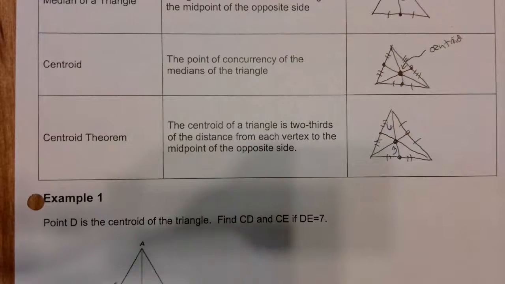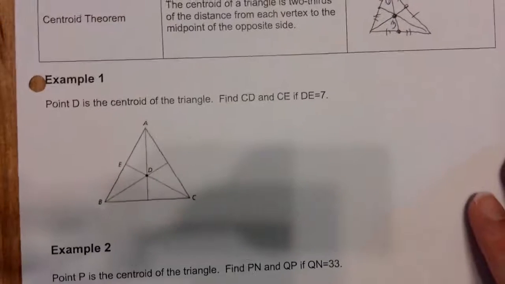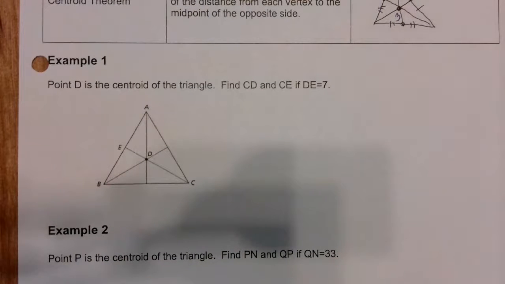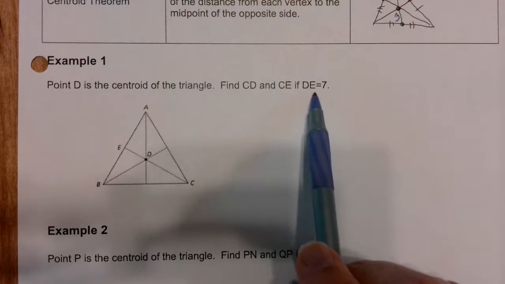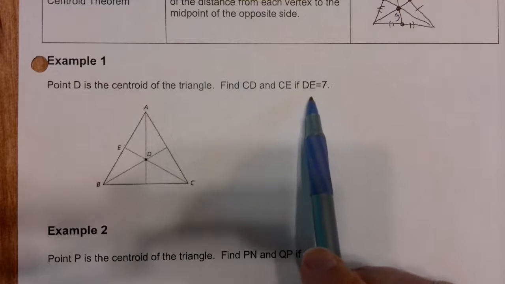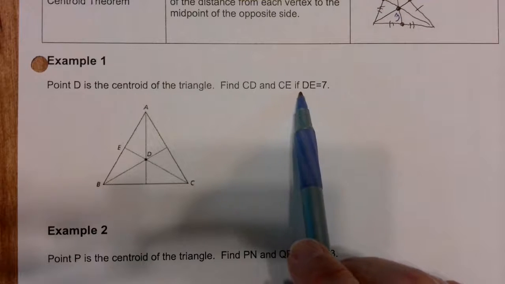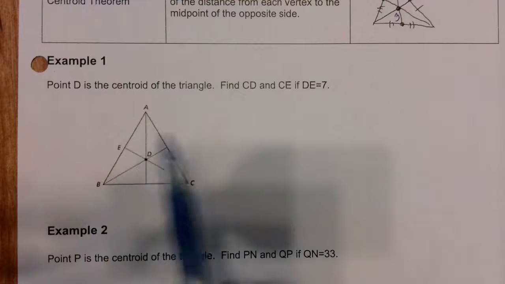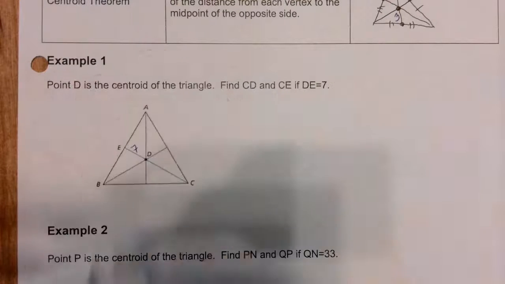So let's do example 1. Point D is the centroid of the triangle. Find CD and CE if DE is 7. So the first thing I would do, I would put the 7 in the picture if it's fairly simple to fill in. So DE is 7. That goes here.